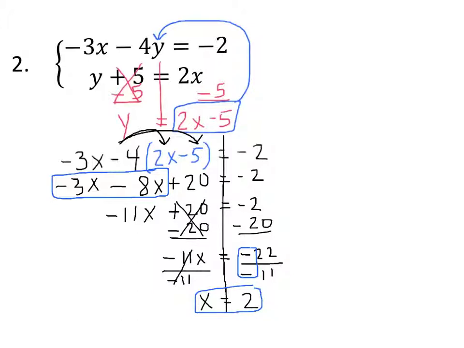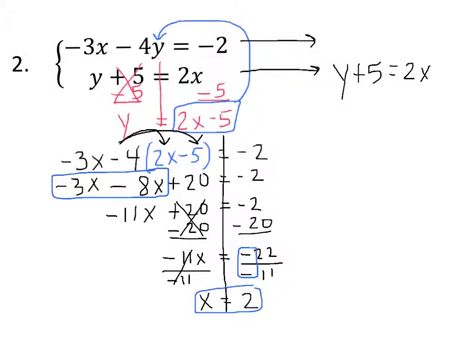We can now go to step 4, which says we are going to use one of our original equations, so either -3x minus 4y equals -2, or y plus 5 equals 2x. The second equation looks like it might be a little bit easier for us to use, so I'm going to go ahead and use that one.